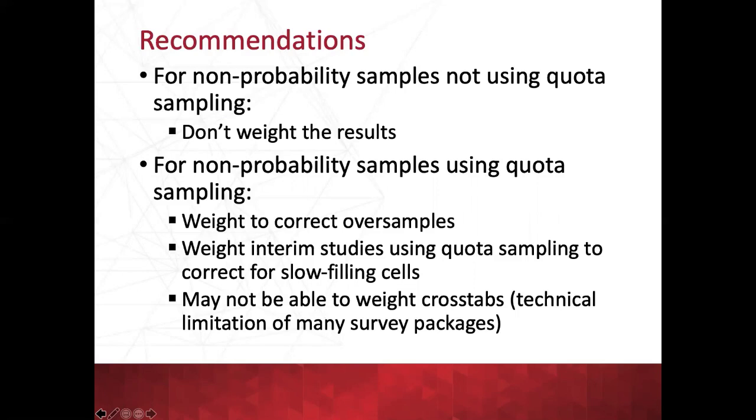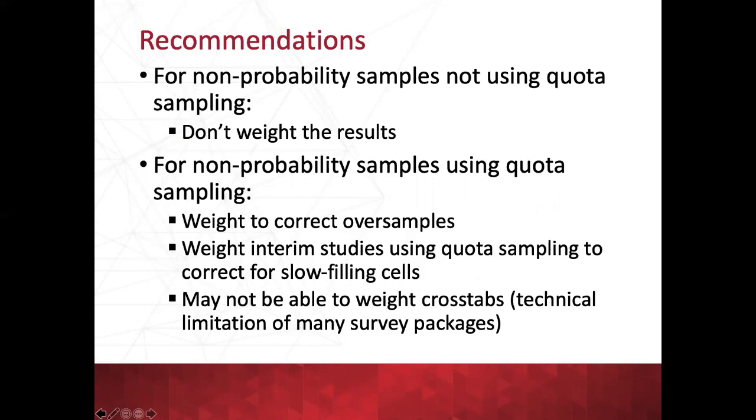Also, if there are oversamples, there are times where you might be oversampling by region. In the UK, you might want to oversample South Wales or the north of England, so that you can draw better comparisons, even though those have less population. Then weighting will fix those oversamples when you're reporting the top line number.